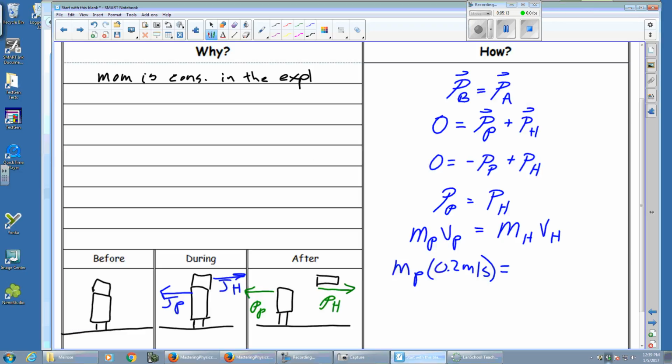Yep. Mass of my helmet was 1.2 kilograms and 6.0 meters per second. Yay! Well done.